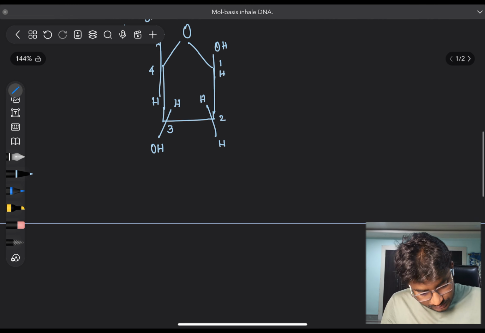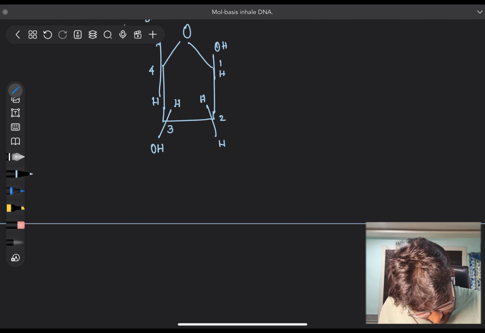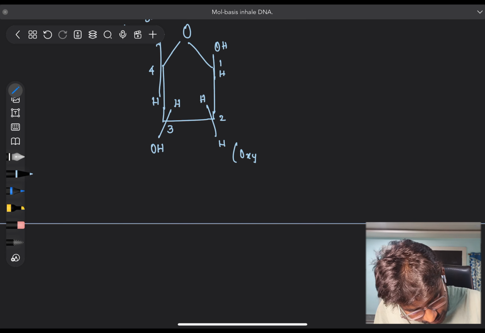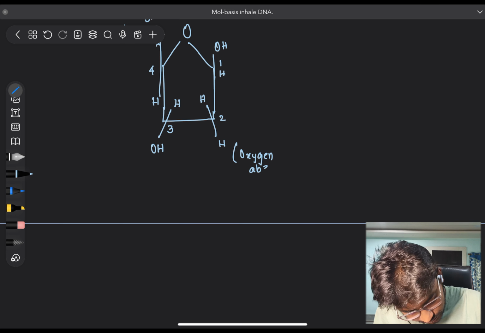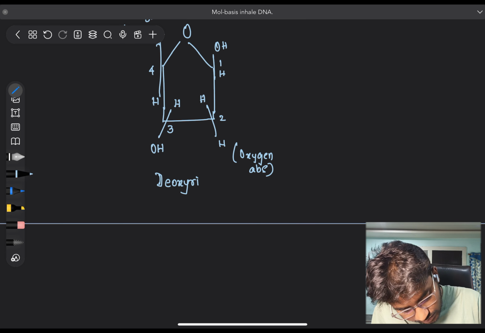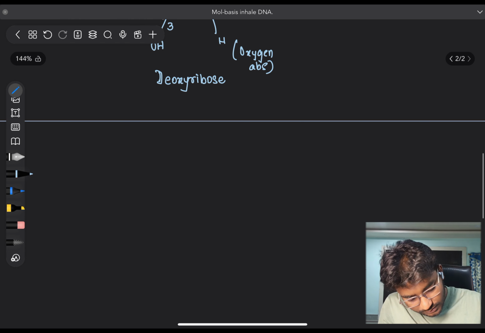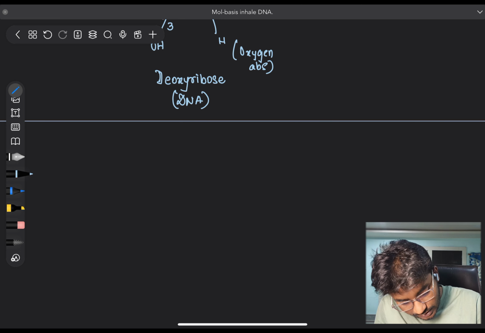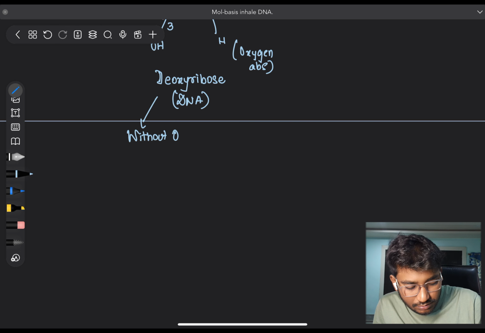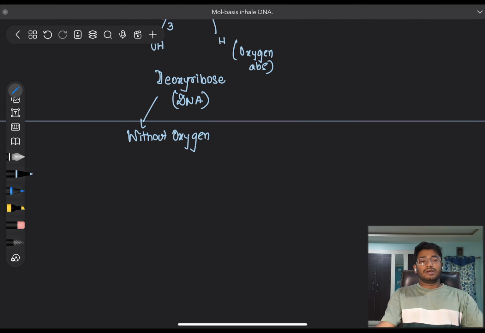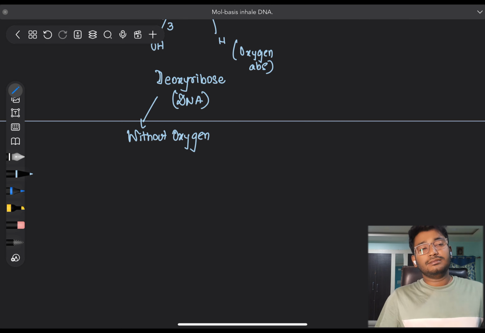In this structure oxygen is absent here, and this is deoxyribose, that is the DNA sugar. It is without oxygen, that is why it is called deoxy.